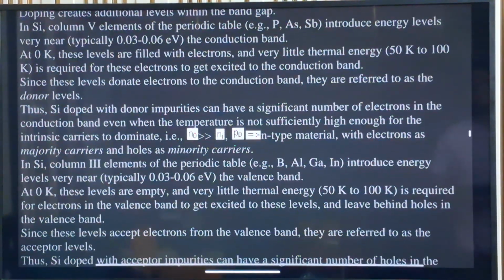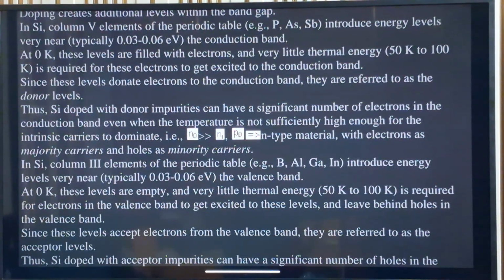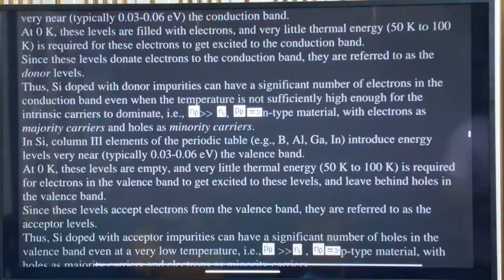At 0 Kelvin, these levels are filled with electrons and very little thermal energy is required for these electrons to get excited to the conduction band.